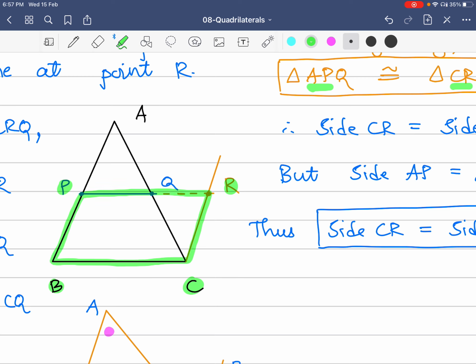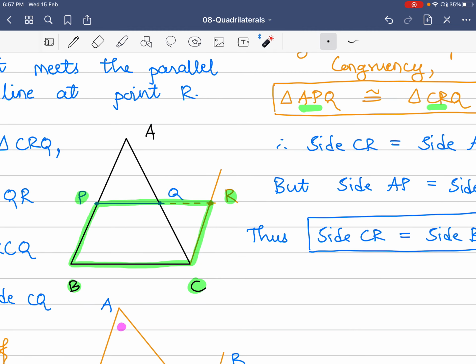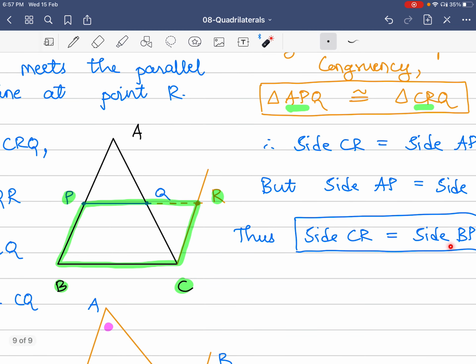In this quadrilateral, we have CR parallel to BP by construction, and CR is equal to BP, which is what we proved just now. So a quadrilateral with a pair of opposite sides parallel and equal means that BCRP is a parallelogram.